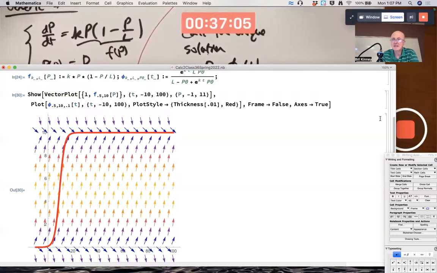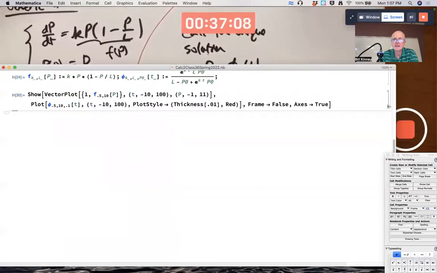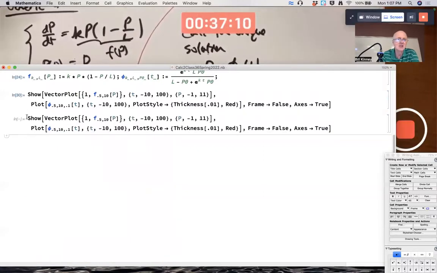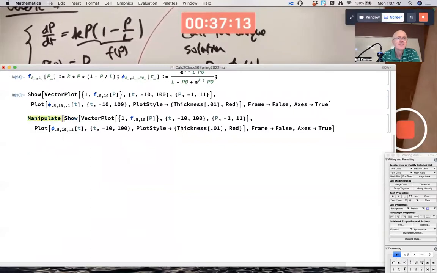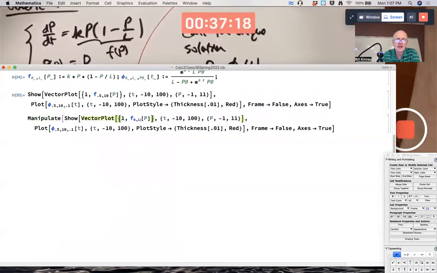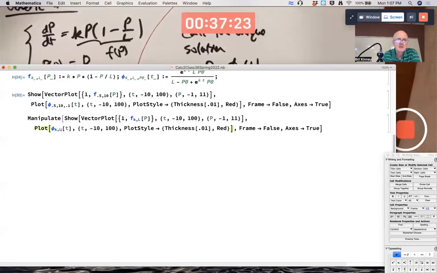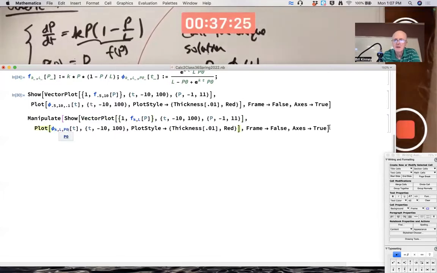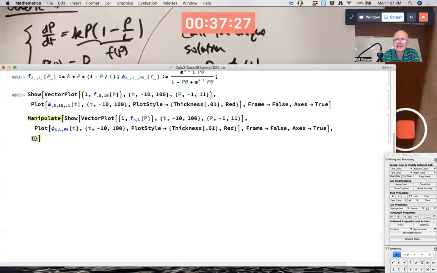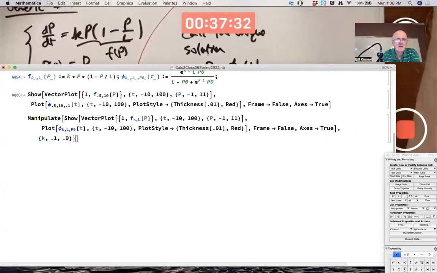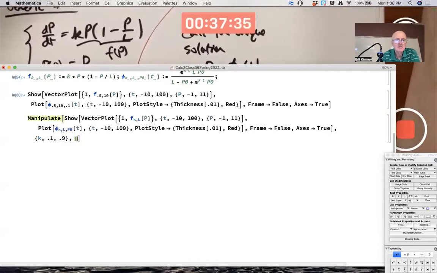It's also interesting to think about mathematically what happens if you put this in a Manipulate and allow yourself to change k and L. Manipulate will make animations, say for different Ks or different Ls, or maybe different P naughts. Don't worry about this syntax. Just trying to do something reasonable here.